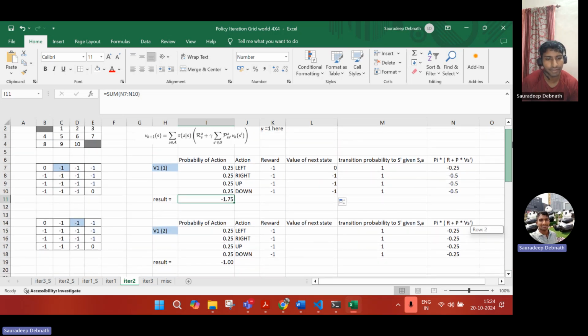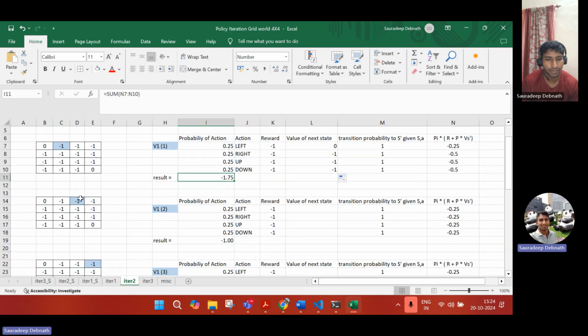Now let's do it for the other cells. This is cell 2. Yeah, it should actually be the V2 of 2, but pardon my notation. This should be the second iteration, cell 2, right. What would happen? I'm at this cell.